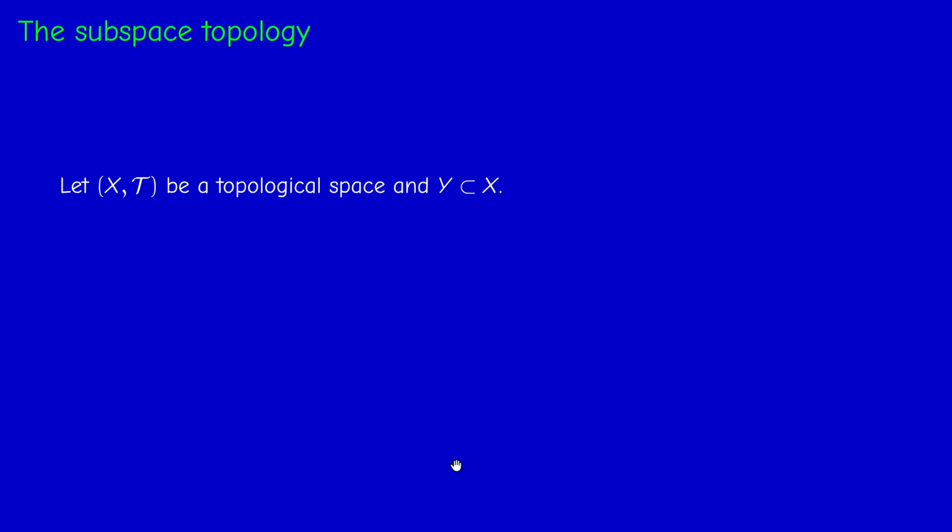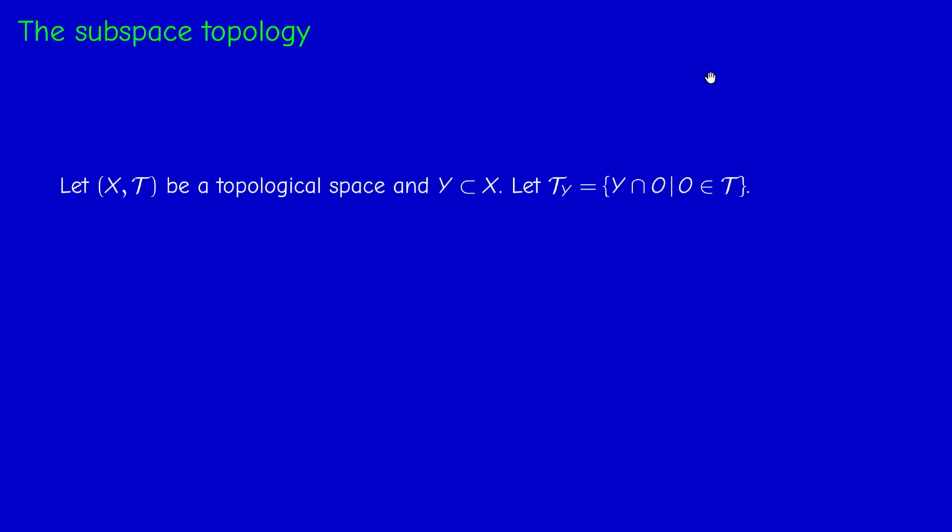Now, the subspace topology. If we have a topological space (X, T) and a subset Y of X, then Y inherits, so to speak, the topology of X. What is this topology? It's called the subspace topology. If you consider the collection of sets of the form Y intersected with O, where O is open in X, okay, then this collection, as you may check, is a topology on Y. Just pause the video and check that if you don't believe me.